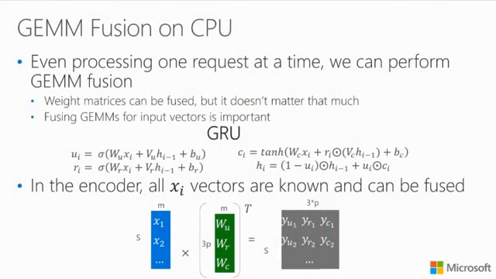So you can also do gem fusion on the CPU. The weight matrices can be fused, but it doesn't matter that much. What matters more is to fuse the input vectors, which means that on the source, you know all the time steps, you know the entire source sentence at once. So the same way that you would do it on the GPU, you would fuse those into a single gem.